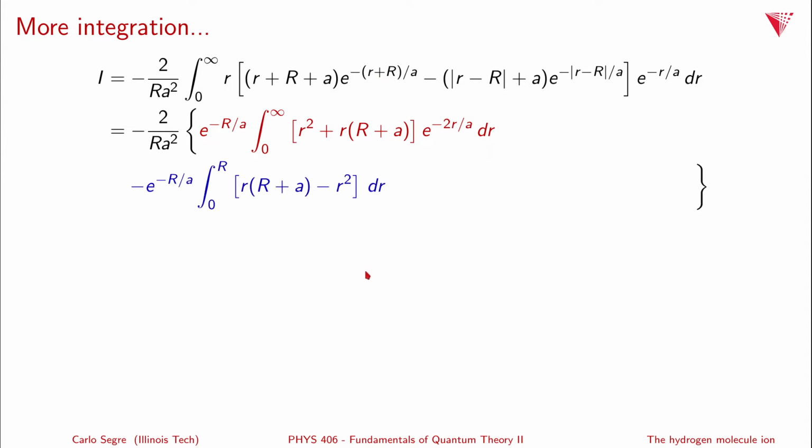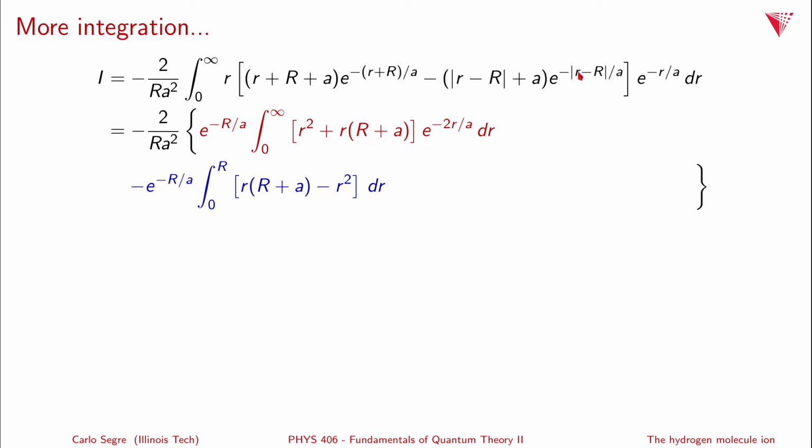We then get a second term, which is e to the minus r over a. And then you have this term here, times the r here.